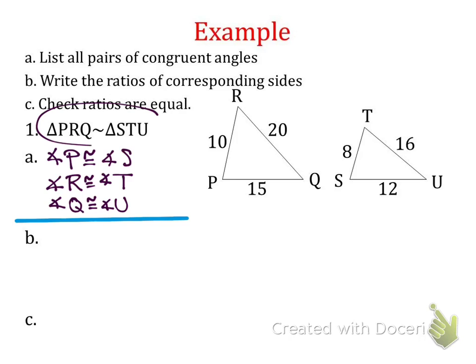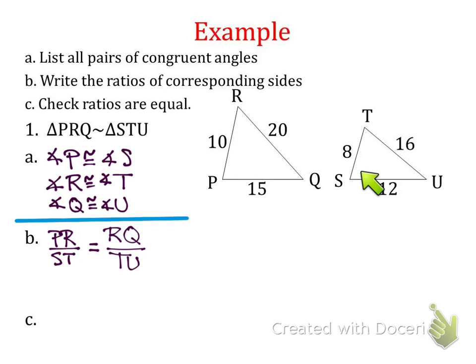What we do is use the name as a guide. The first two letters, PR, are going to be matched with the first two letters in the next triangle's name, ST. We're going to test this to make sure that this correspondence is the same reduced ratio as RQ, the last two letters in the first name, and the last two letters in the second name, TU.